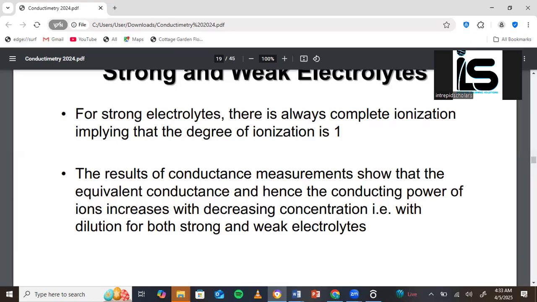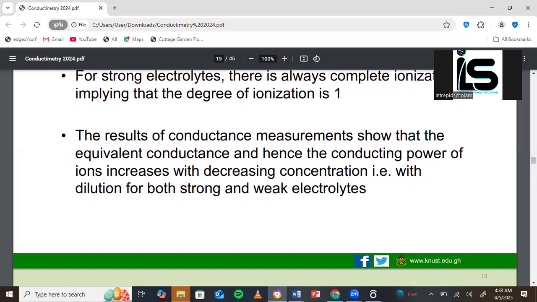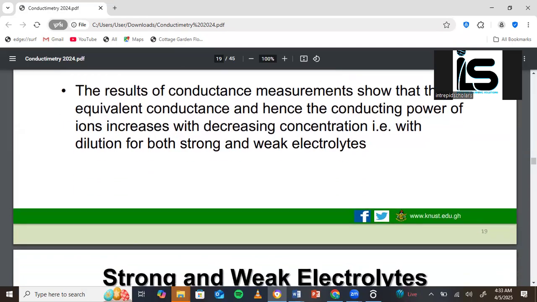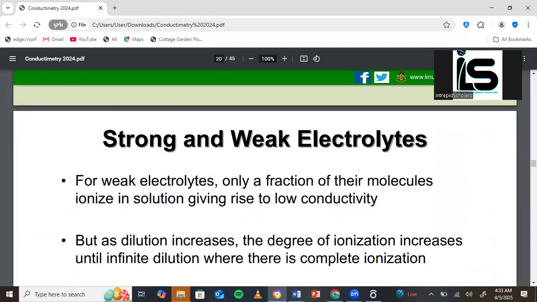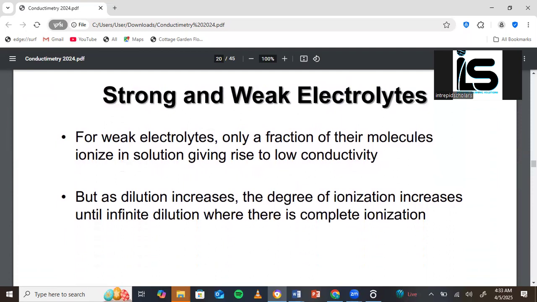So dilution affects weak electrolytes to a higher extent than strong electrolytes, right? Because for a weak electrolyte, dilution would increase the dissociation itself, really affecting the conductivity. But in both instances, whether weak or strong electrolyte, dilution would increase conductivity, equivalent conductivity.